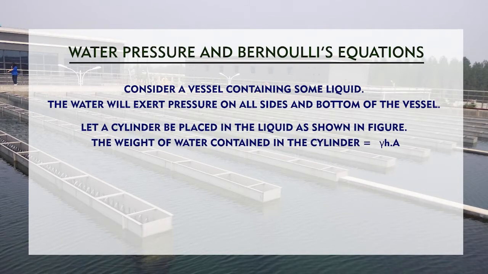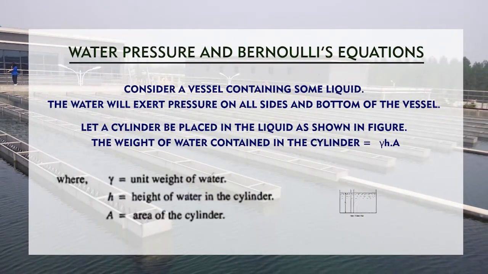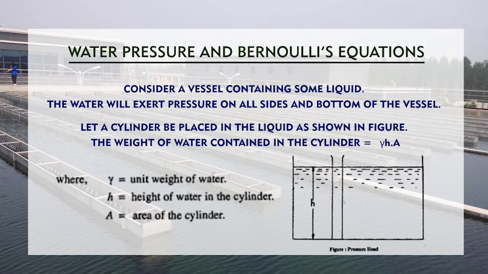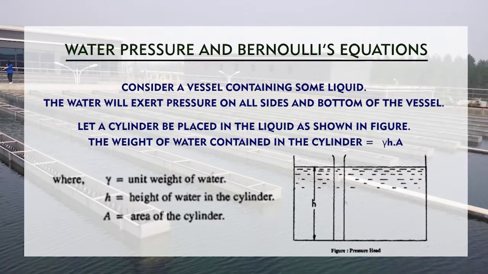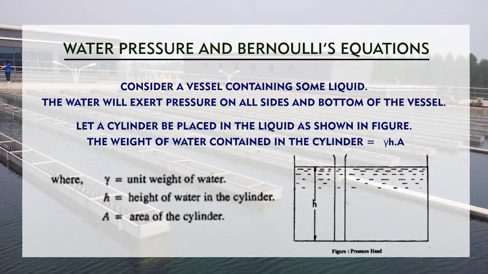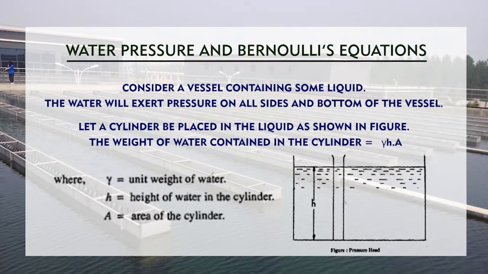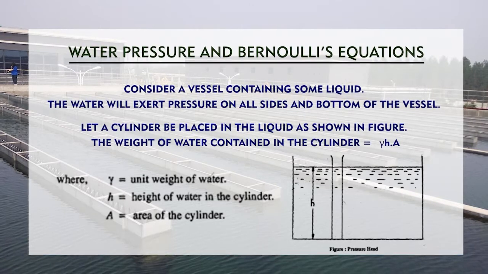Let a cylinder be placed in a liquid as shown in the figure. The weight of the water contained in the cylinder is equal to gamma H into A, where gamma is the unit weight of water, H is the height of water in the cylinder, and A is the area of the cylinder. We are seeing the height H of the water in that figure.